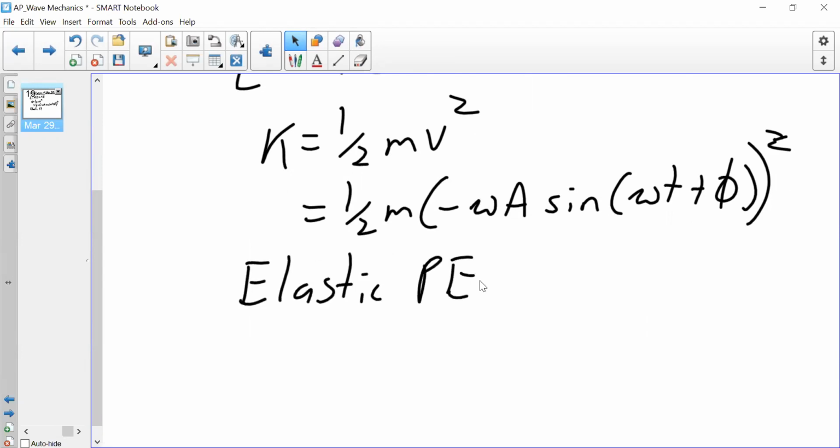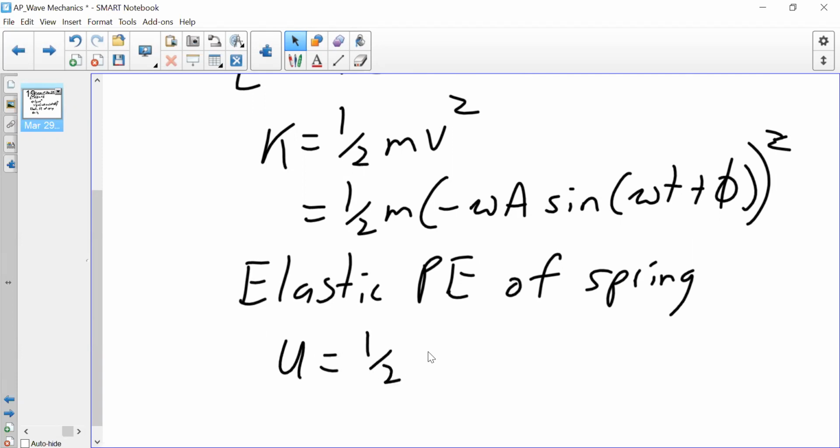And let's get the elastic potential energy of the spring. We've dealt with that before, 1/2 kx squared, right? They use the symbol U for potential energy. It's not to be confused with anything else.